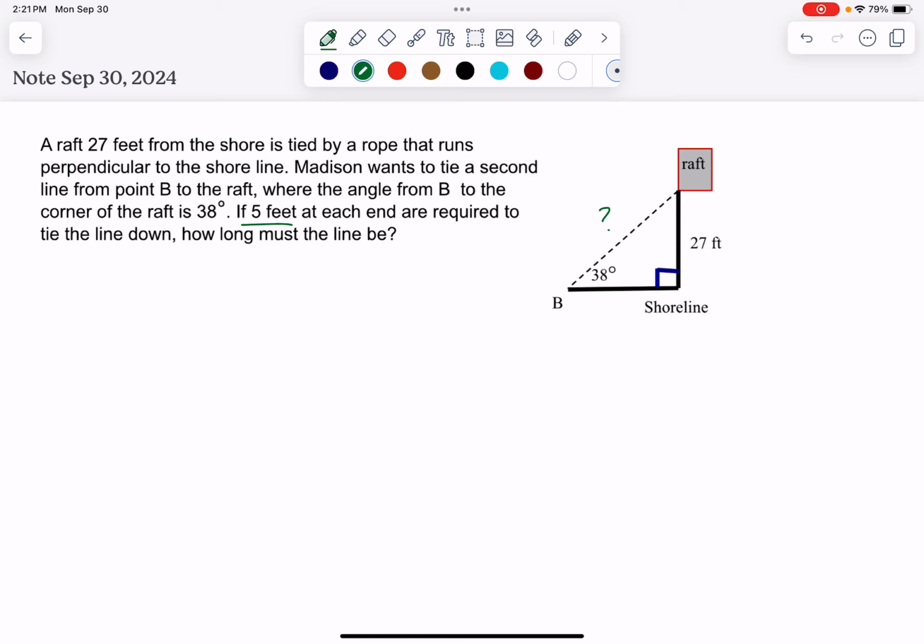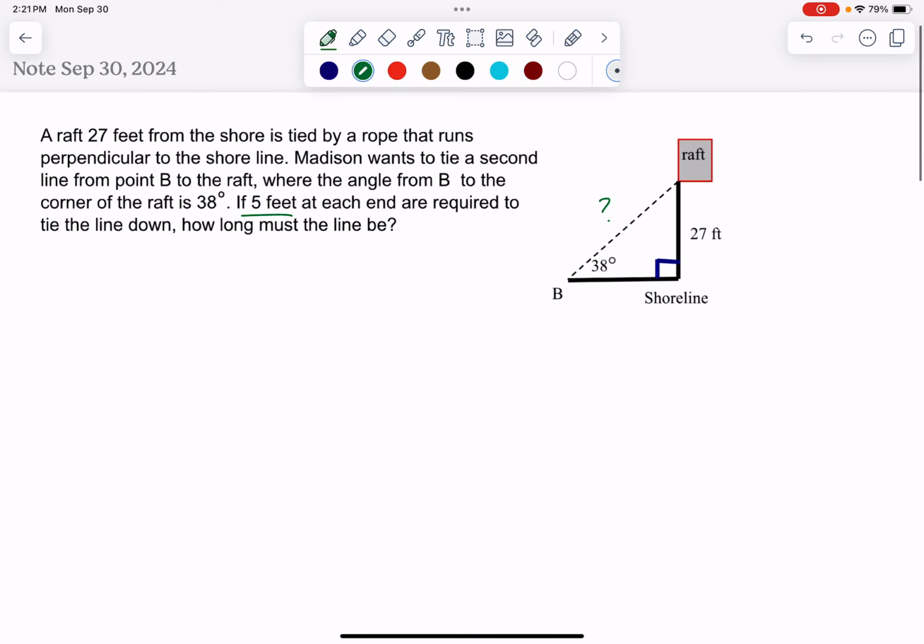But here we're given a right triangle. So the idea here is that you have a right triangle, and we're given an angle and a side of it, and we should be able to find any other side, these other two sides over here and here, using trig ratios. So the three trig ratios that most often are used are the sine, the cosine, and the tangent.